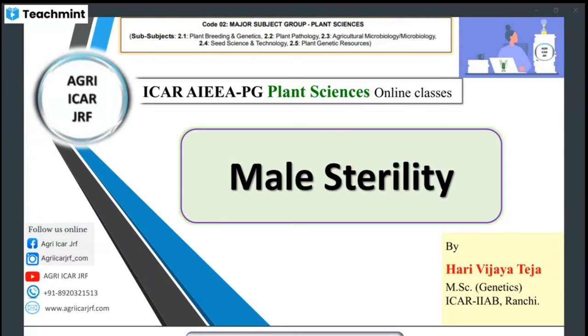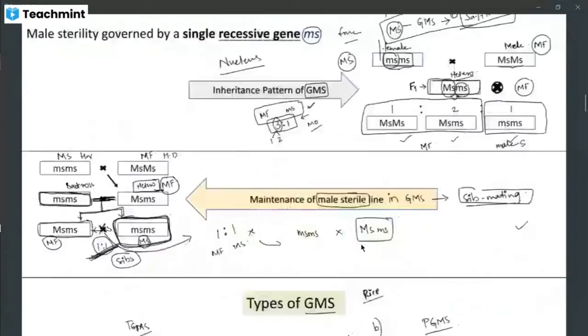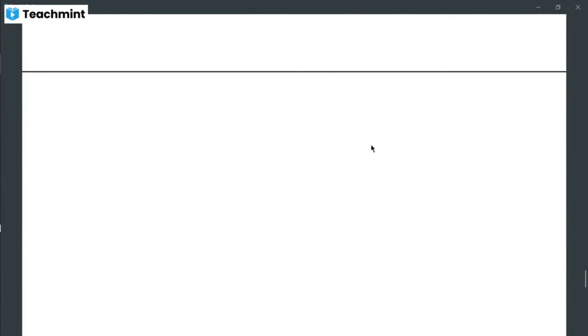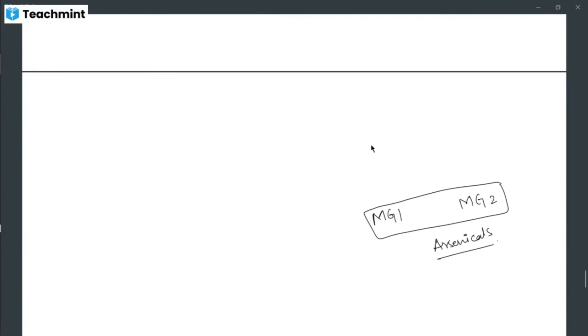I'll just tell you one important bit that was given in examinations. There are two male gametocides, MG1 and MG2. These belong to arsenicals, and they are generally used in the rice crop.